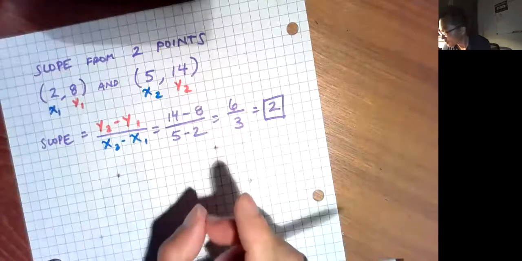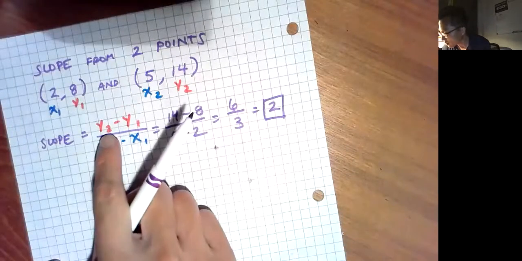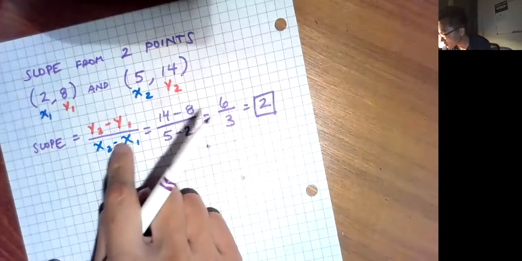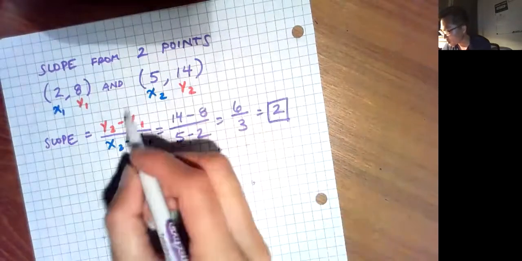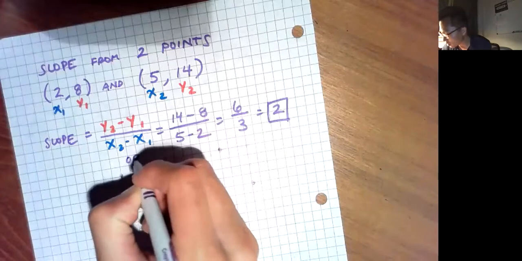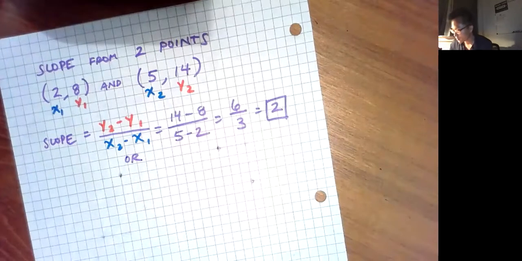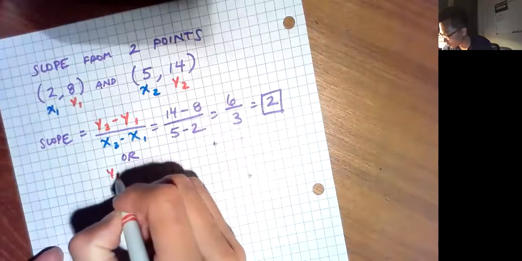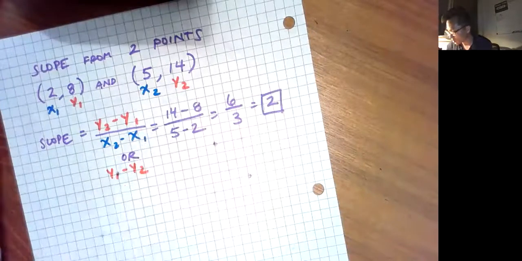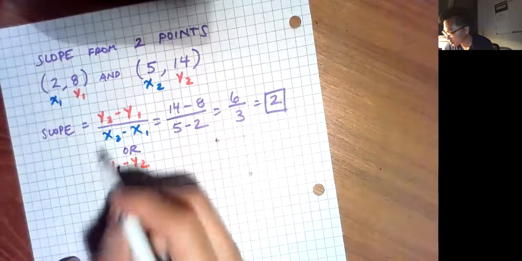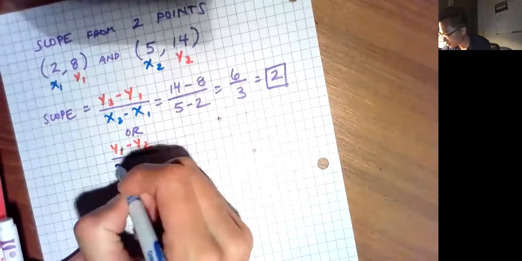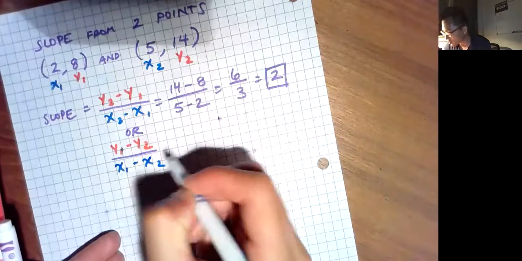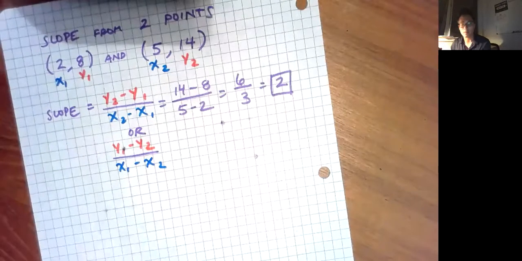And I want to clarify that in this formula, I've set it up as y2 minus y1. But I also want you to know that you can also do y1 minus y2 over x1 minus x2, and you'll get the same answer.